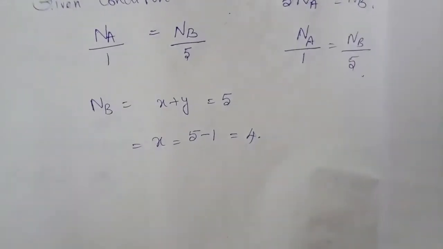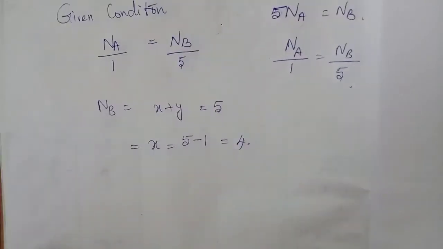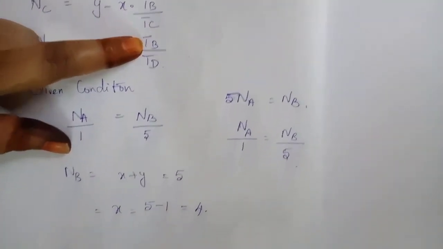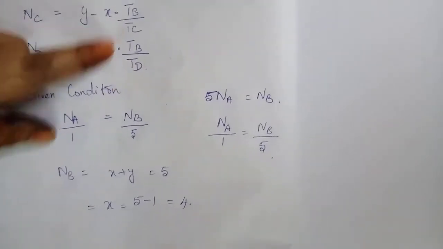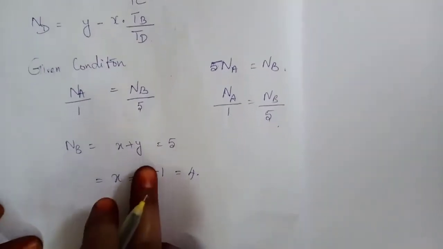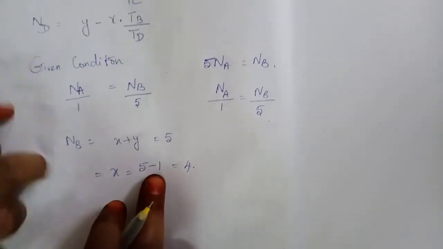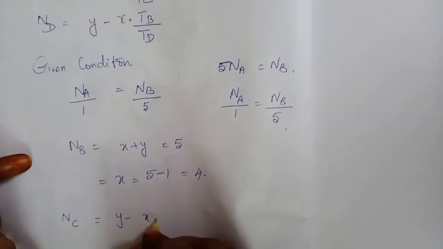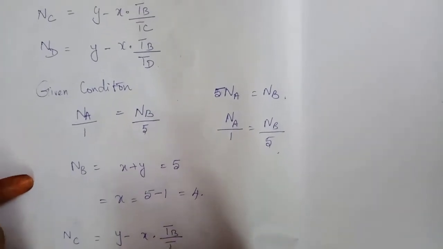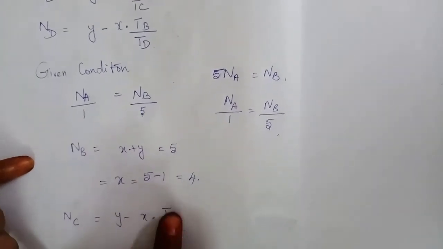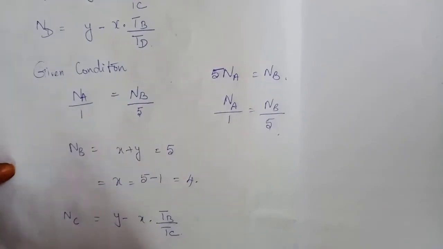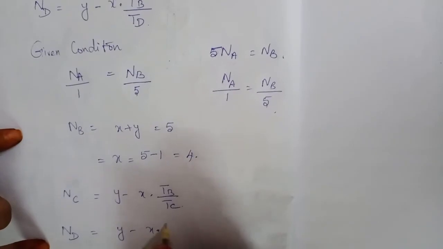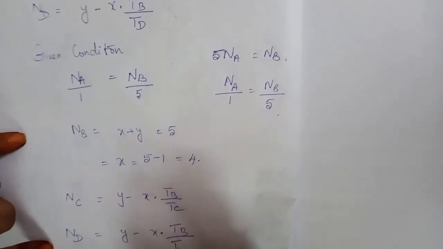Now apply this in any one of the equations to get the values of TB and TC. TD value you already know. Apply the x and y values in the NC equation: NC equal to y minus x dot TB by TC. Here you don't know both teeth values, so go for the next one, ND equal to y minus x dot TB by TD.